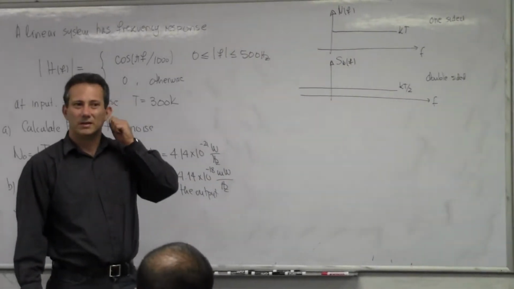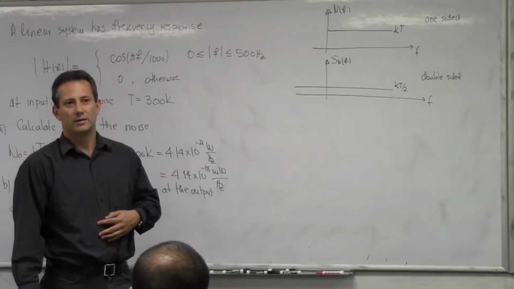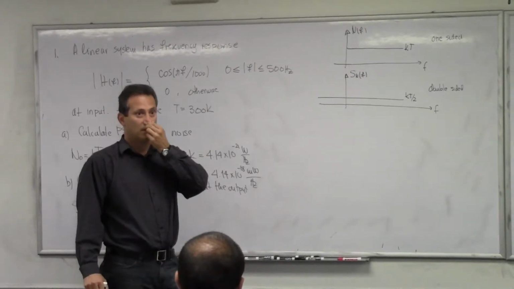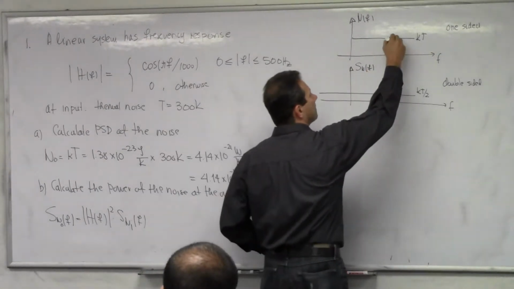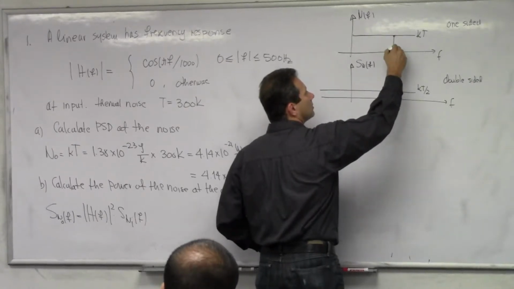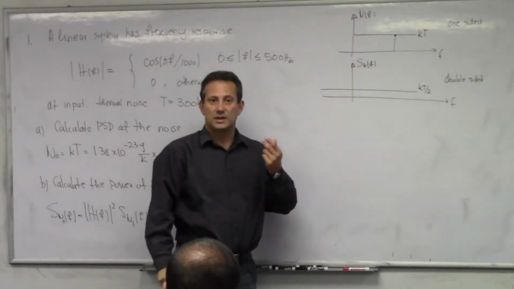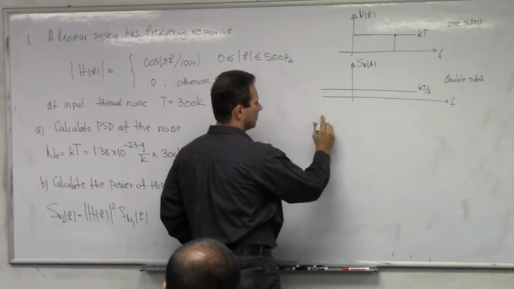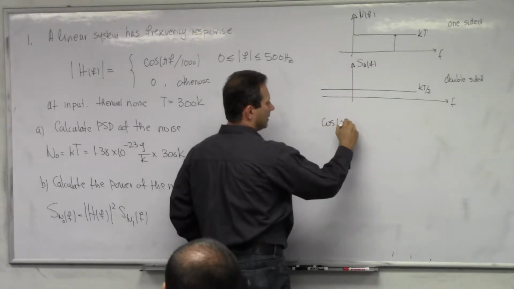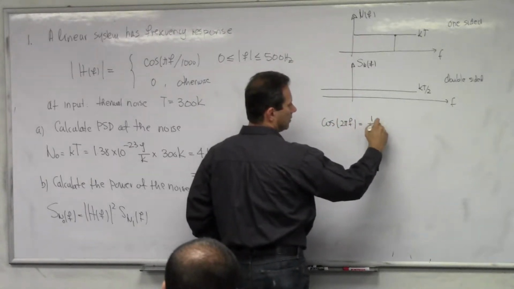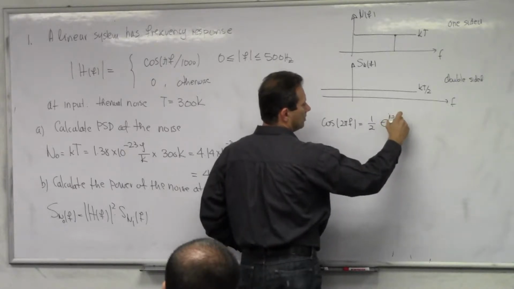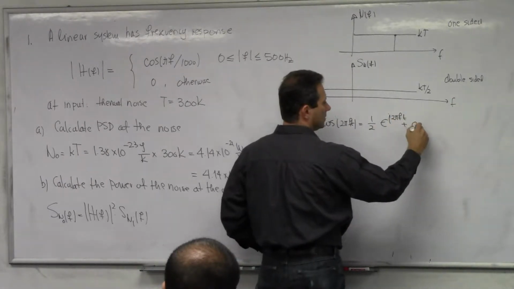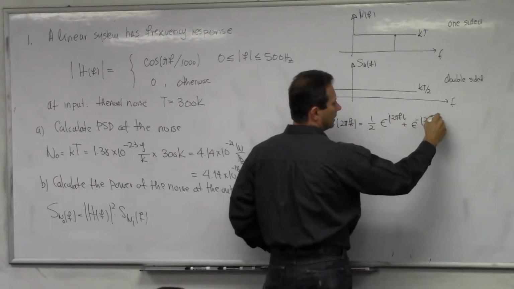Now, what does this mean? Have you ever thought about it? Remember, the noise consists of all of these little sinusoids. Every sinusoid, cosine of 2 pi f t, is equal to one half e to the j 2 pi f t plus e to the minus j 2 pi f t.